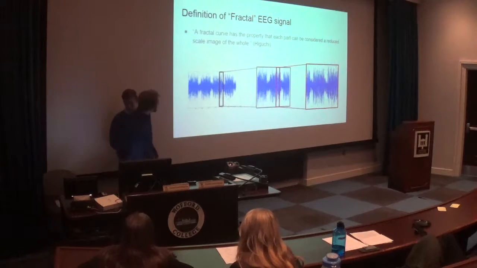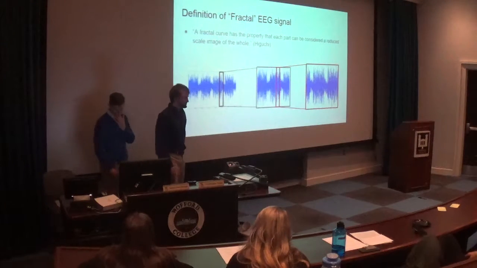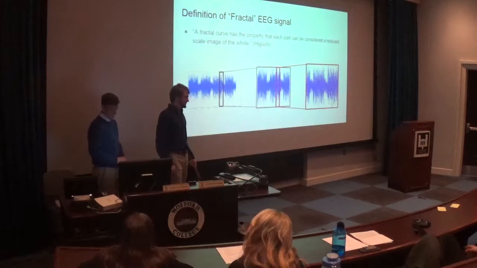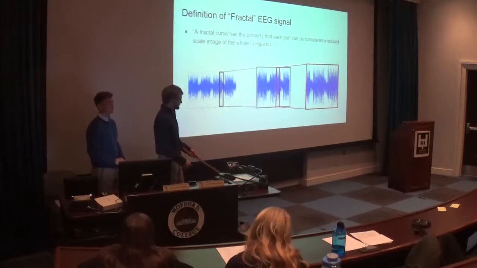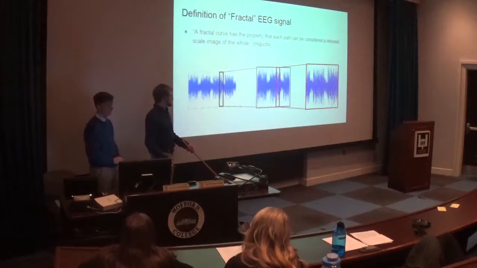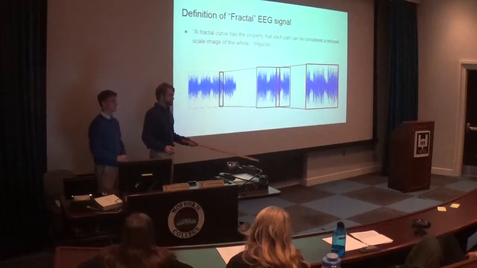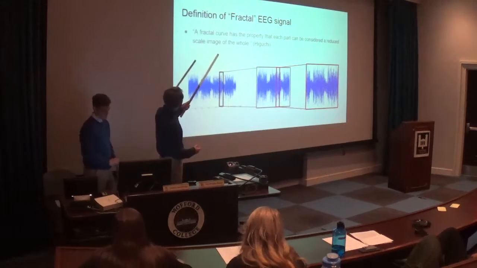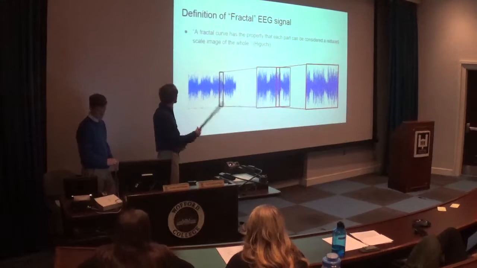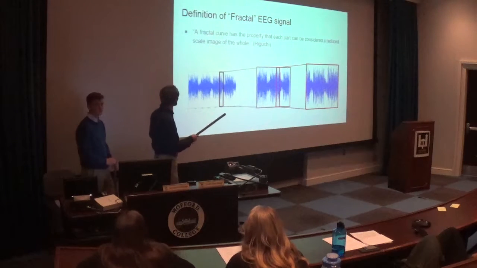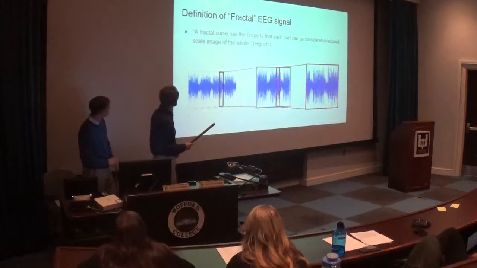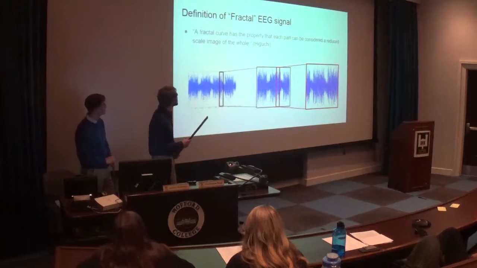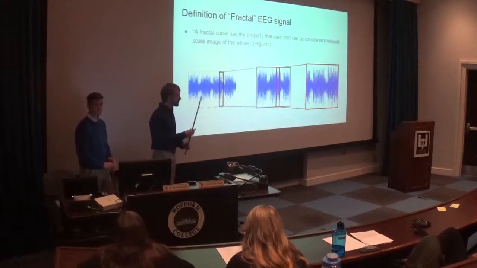Now we're going to talk about fractal dimension. In the EEG data, we're looking for complexity, and one way to measure that is with the fractal dimension. The best way to describe the fractal dimension in terms of EEG, I think, is with this mathematicians' definition: a fractal curve has the property that each part can be considered a reduced scale image of the whole.